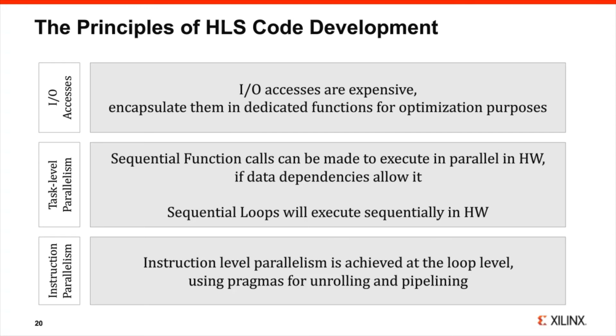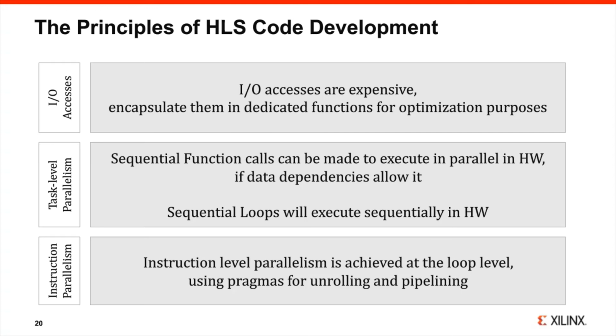Something else to know when it comes to HLS is task-level parallelism. We cannot do it from so-called arbitrary C code. If you want to achieve parallelism, put them into functions. Functions will run sequentially in your C code, but HLS can parallelize that. On the contrary, we have sequential loops.